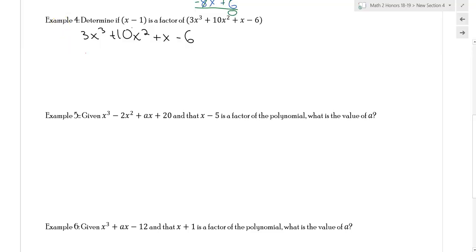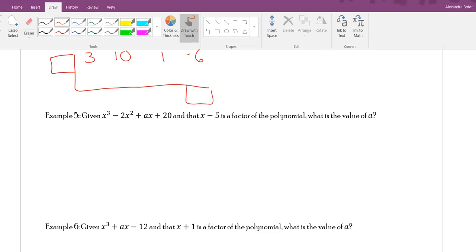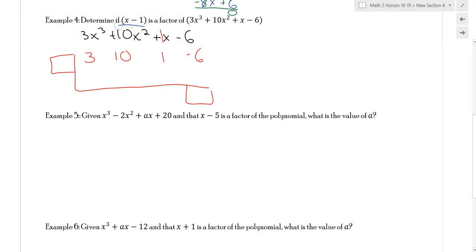I'm going to bring down those numbers. We have 3, 10, 1, and negative 6. There's no terms missing. This is not a 0, so x minus 1 equals 0.